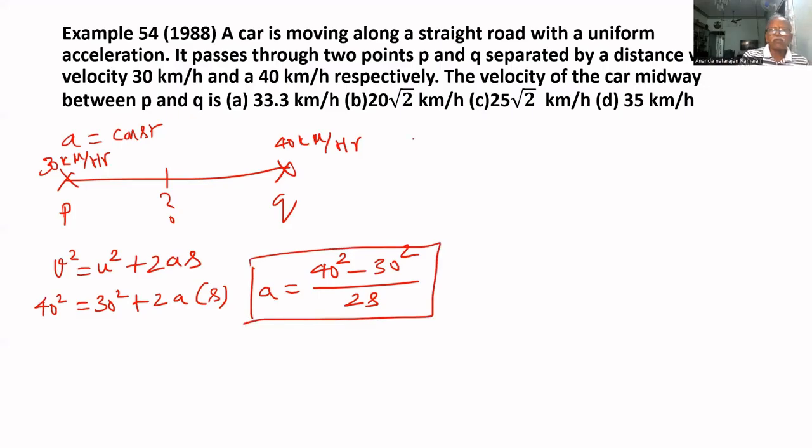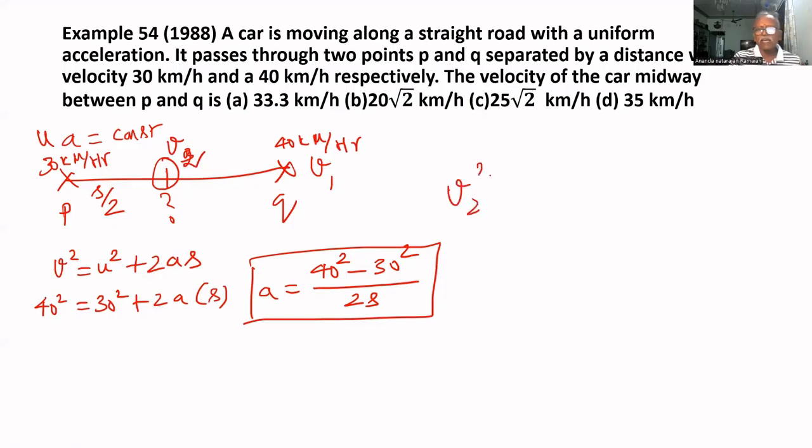So, what is asked? The velocity of the car in the midway. So, the distance is s by 2. For s by 2, we have to find the velocity. We will assume this as v2. u is 30, v1 is 40.